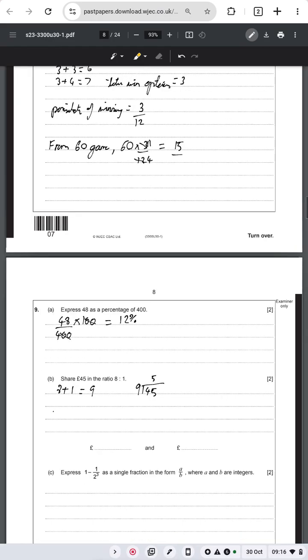So 1 times 5 equals 5. So that's the one portion. And then what's remaining, which is the other 40, so 45 minus 5 is equal to 40. We can also check our answer by doing 5 times 8, which is also 40.